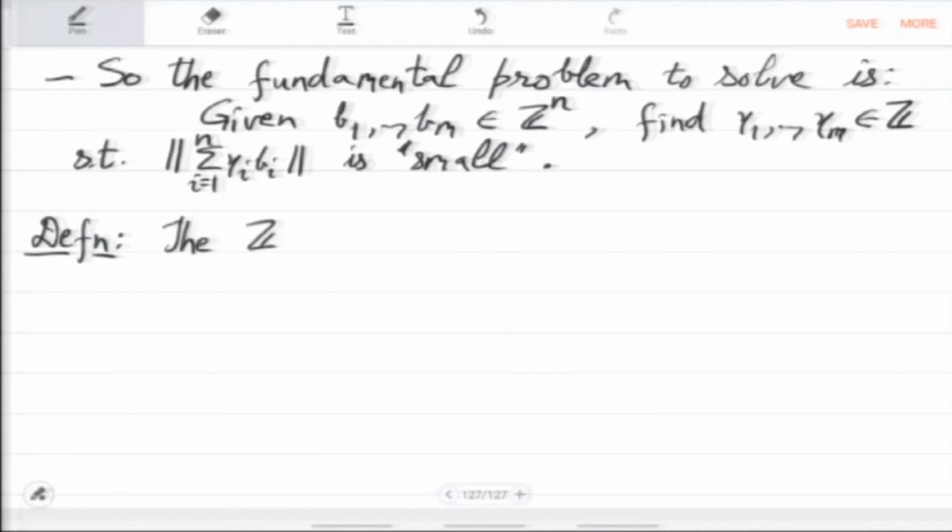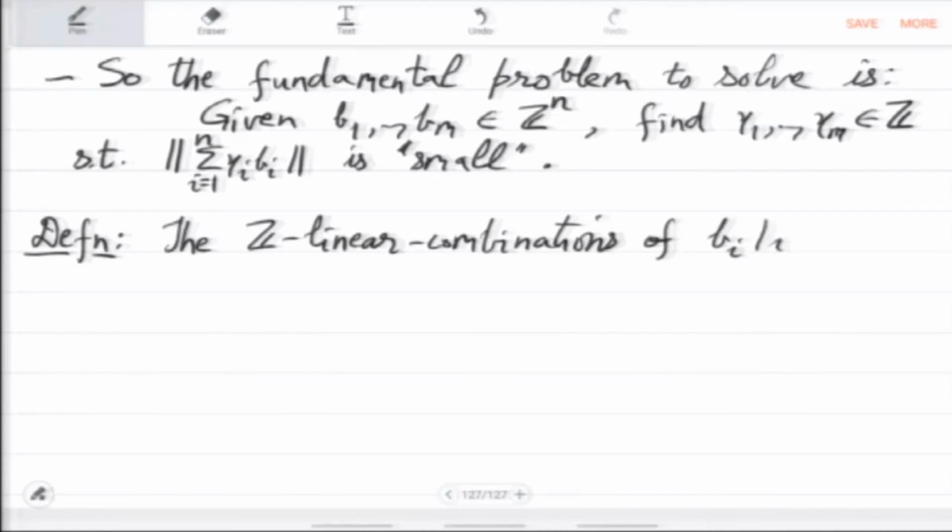So the Z linear combinations of bi define a lattice.